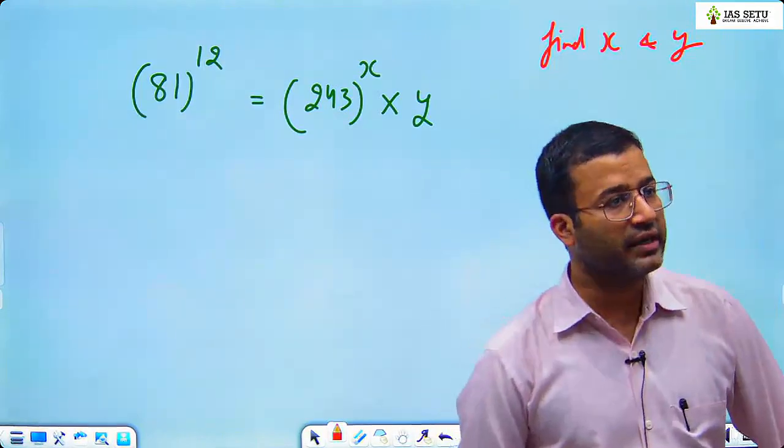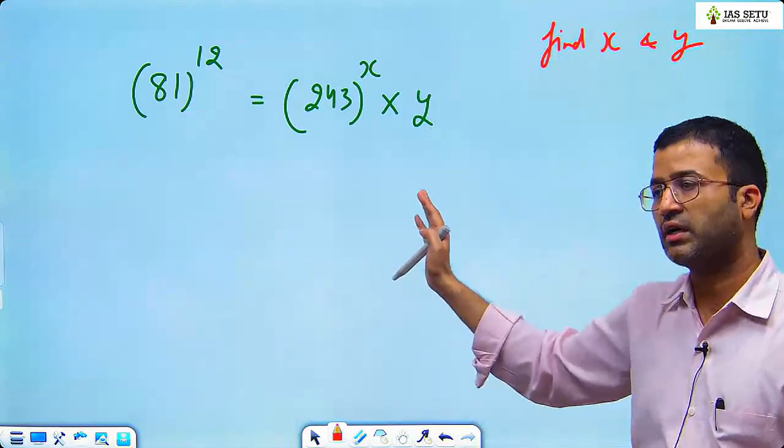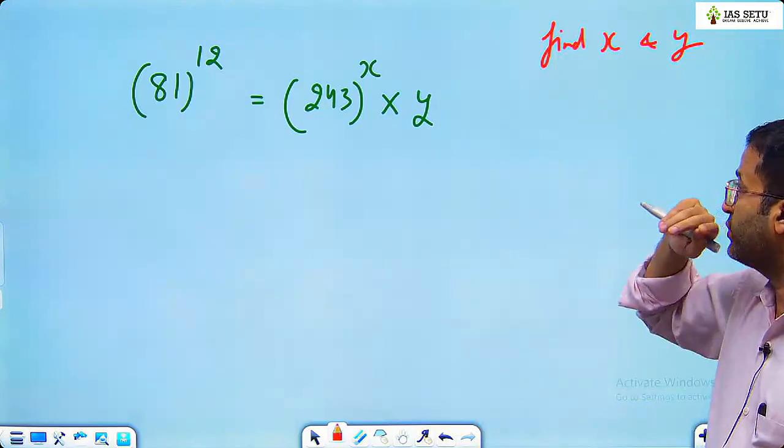And x and y has to be natural number. You cannot say, y को fraction नहीं बताना है. x and y has to be natural number.